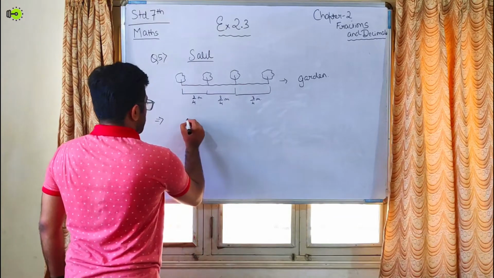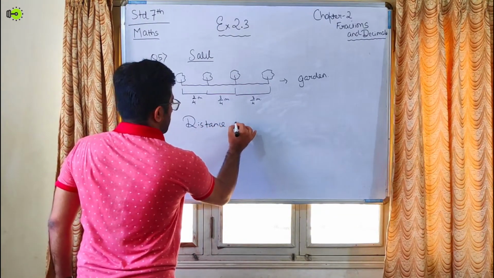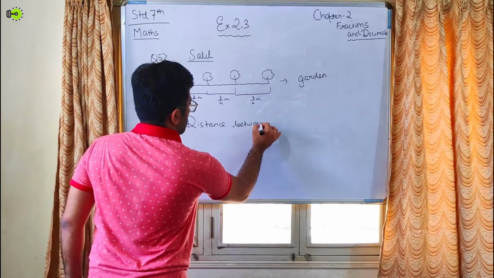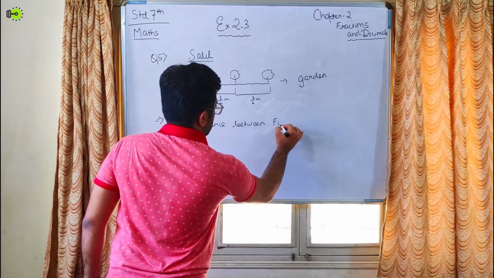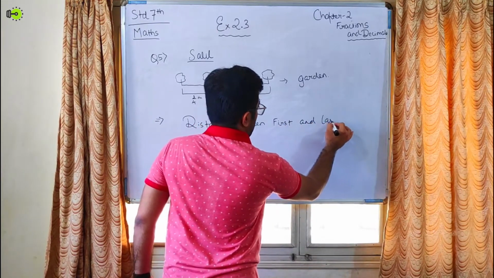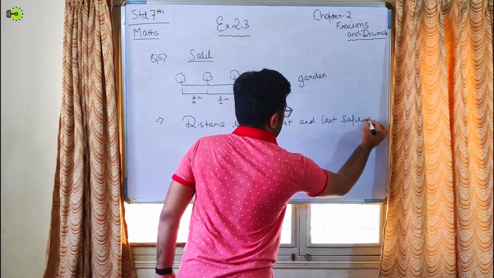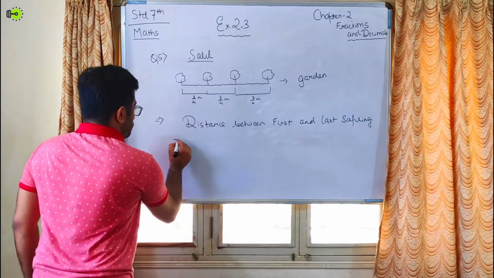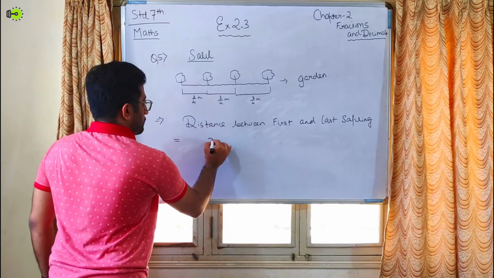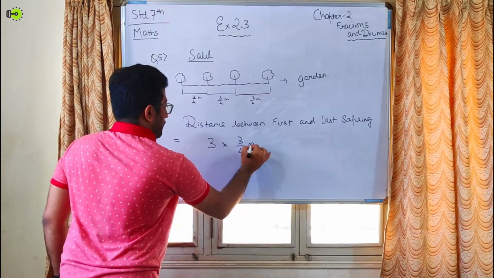So what we will do is, distance between first and last sapling is equal to 3 multiply 3 by 4.